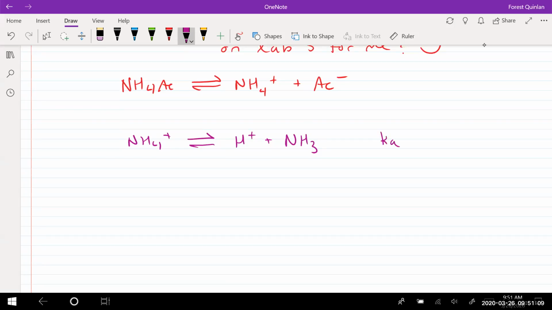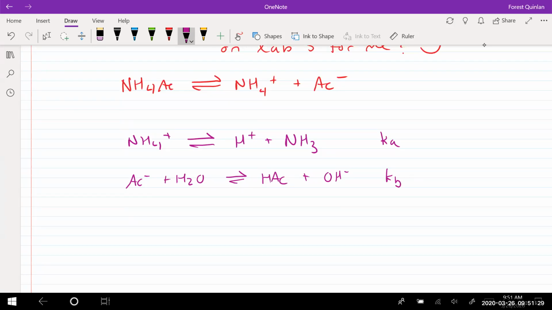And then I also had acetate plus water goes to make acetic acid and OH minus. And that's a Kb.